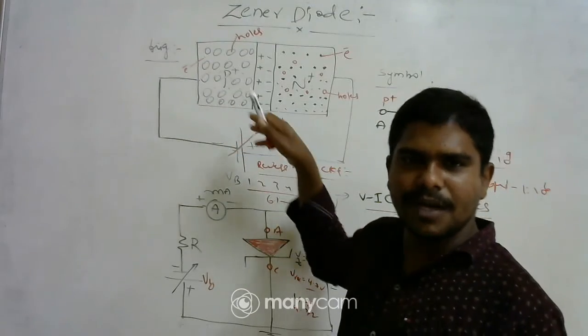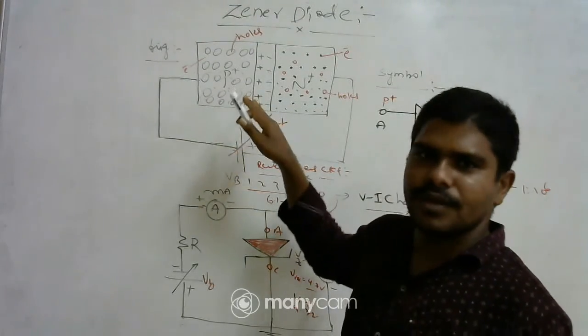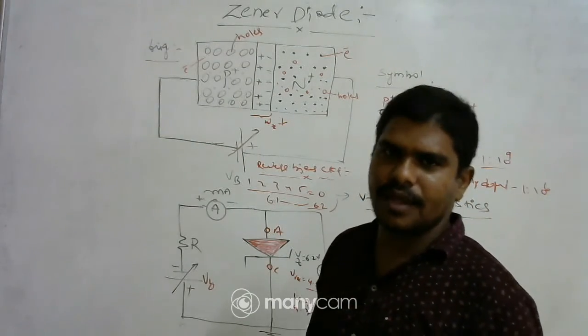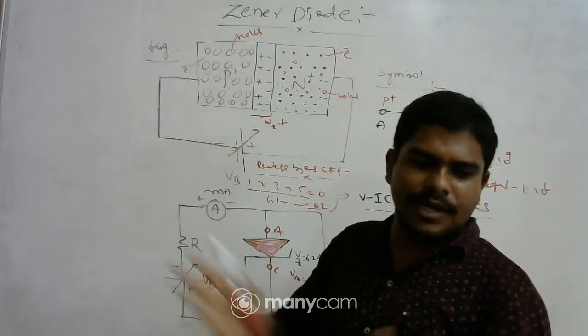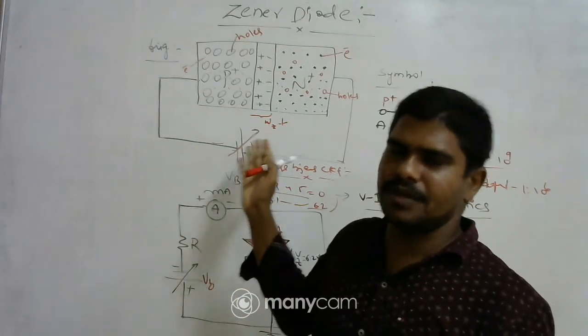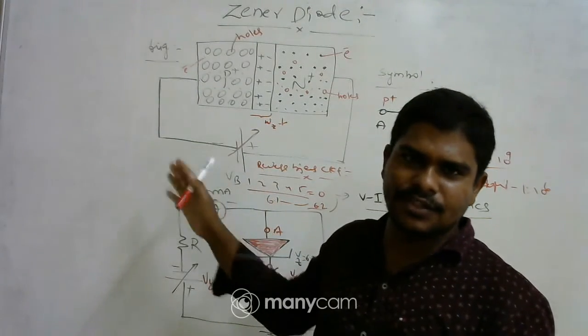Initially 2, now it becomes 4. These 4 charge carriers collide with covalent bonds, and like that all the covalent bonds break down in both regions, and the diode behaves like a normal conductor. That is called avalanche breakdown.